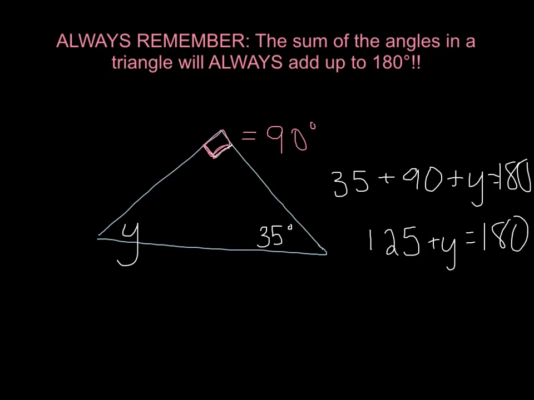And what you can do is just think, well, if 125 plus something equals 180, we have to do the inverse operation to figure out what y equals. So what we need to do now is 180 minus 125 to equal whatever y will equal. And when we do that problem, we get 55. So the missing angle is 55 degrees.